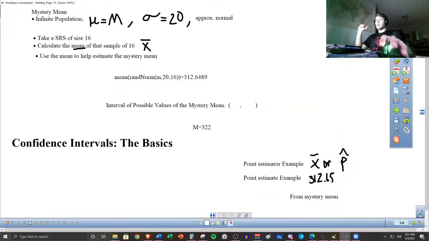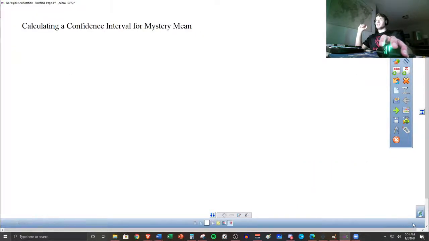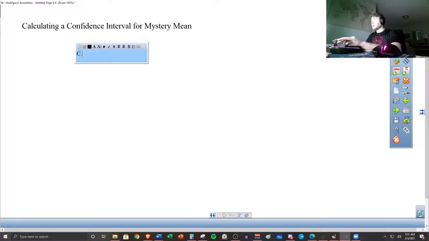Let's go ahead and figure out how to properly create a confidence interval for this mystery mean. Well, we have our formula, the confidence interval, and I'm going to start abbreviating things quite frequently in here. But if you need to rewind and rewatch what I call them, go back and do that.